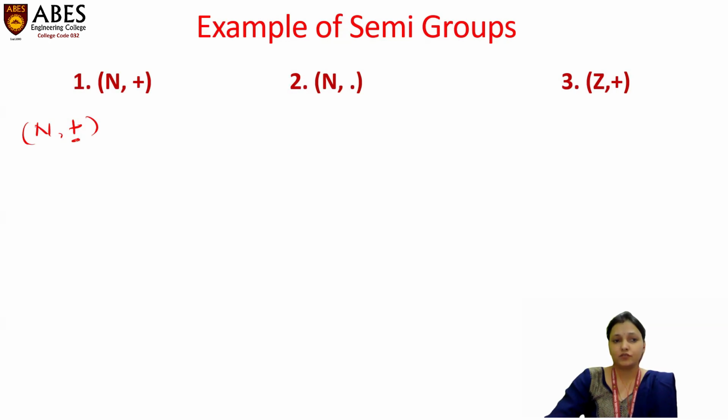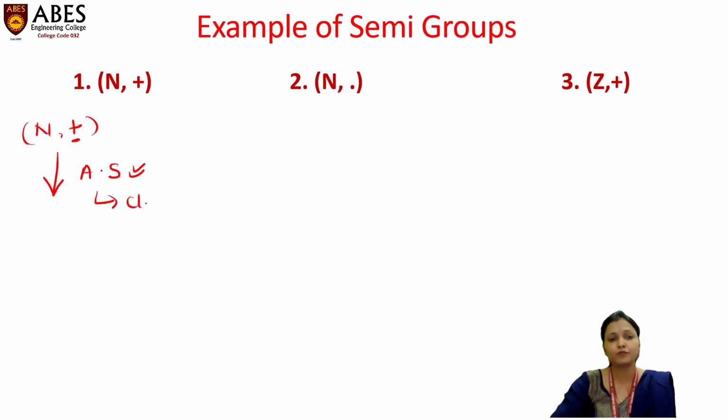So here the first example of semigroup is the set of natural numbers with the addition operation. For checking whether it is a semigroup or not, first of all we have to check whether it is an algebraic structure or not, as the definition says that an algebraic structure which follows the associative property is a semigroup. For checking algebraic structure, I have to check the closure property.